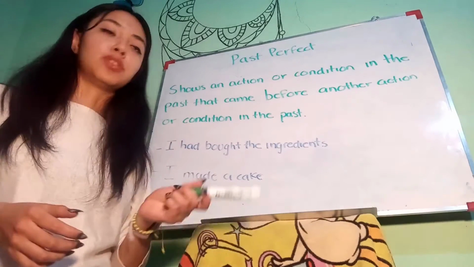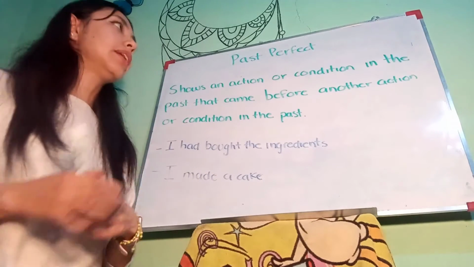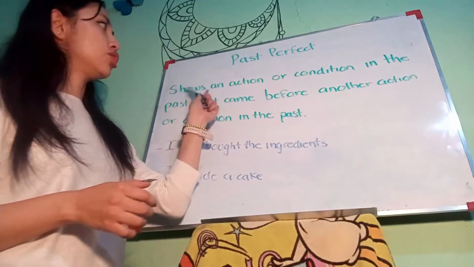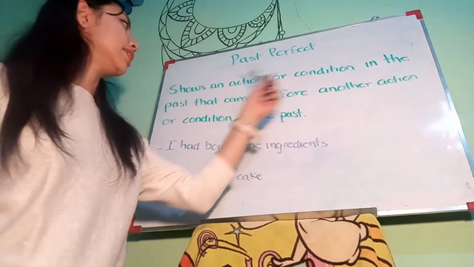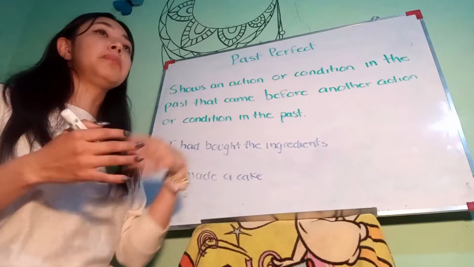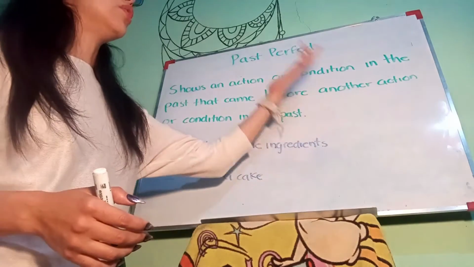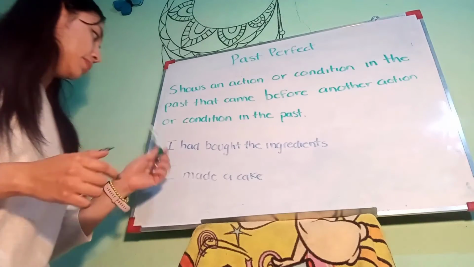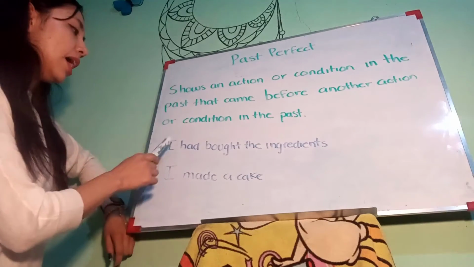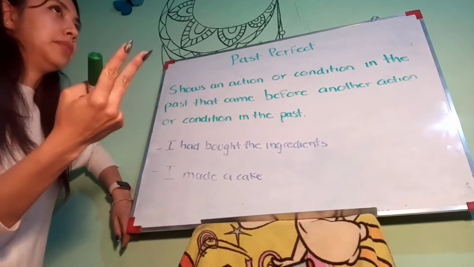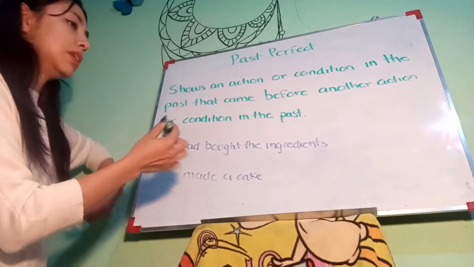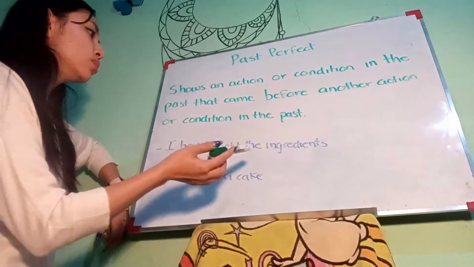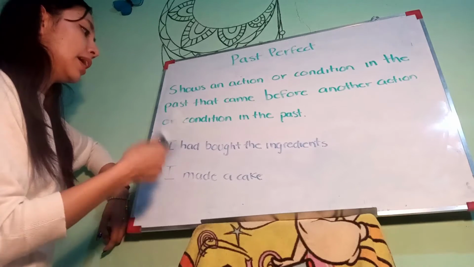Okay, the second one, past perfect. The past perfect shows an action or condition in the past that came before another action or condition in the past. For example, I have two sentences, but it's one. I have bought the ingredients and I made a cake.